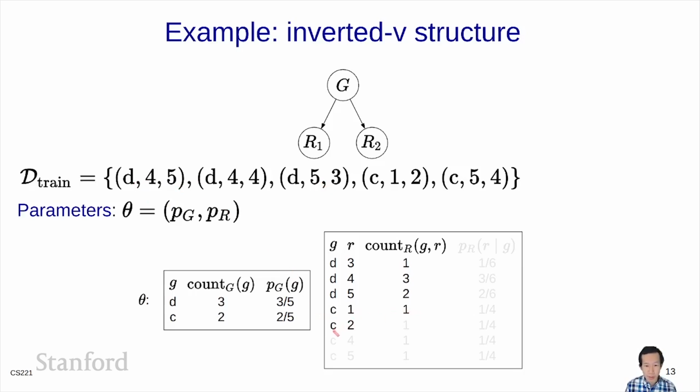C1 shows up once, C2 shows up once, C4 shows up once, and C5 shows up once as well. Now I just count and normalize. So I look at all the P's and I count, sum and normalize. And I look at all the C's, I count and normalize. Okay, so when I have only one distribution that is responsible for two nodes, I simply aggregate their counts and normalize.